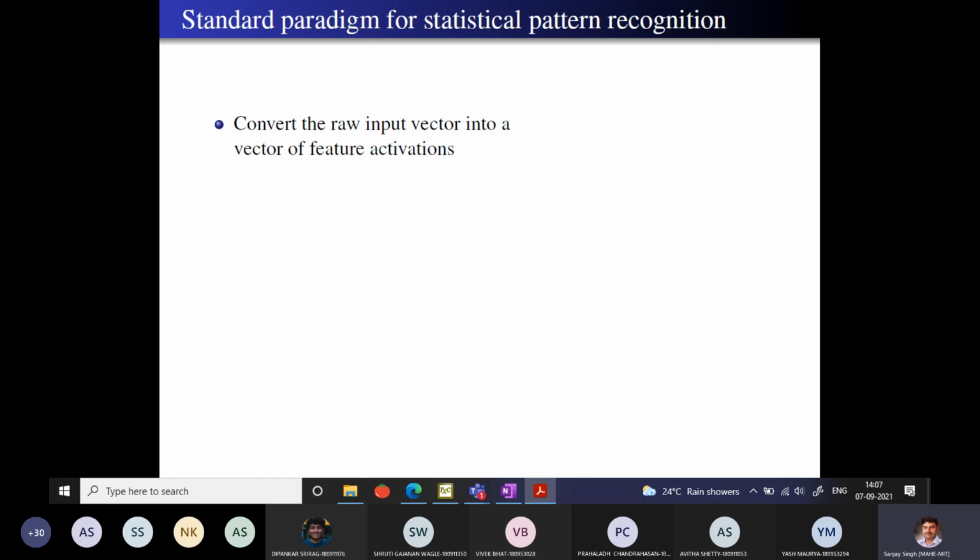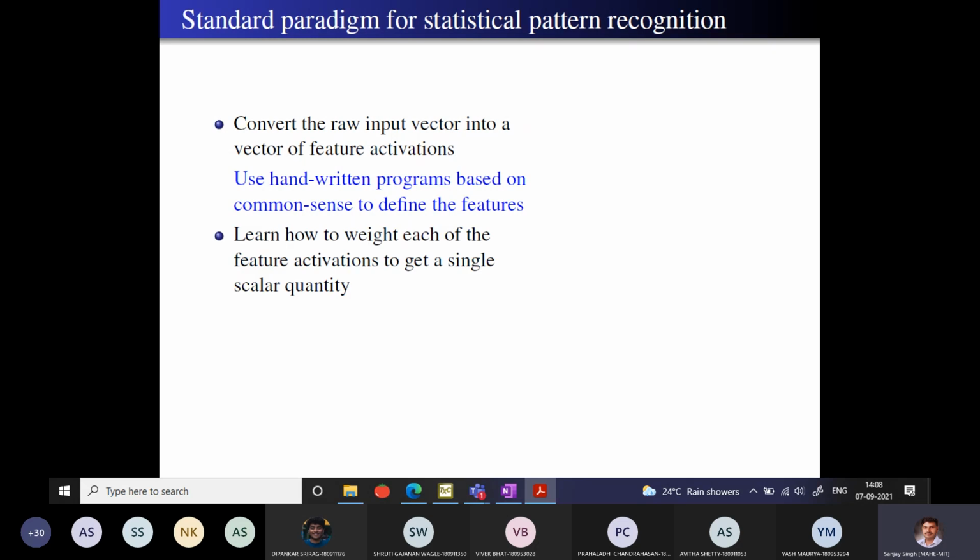When I say features, it may so happen that multiple attributes constitute one particular feature. This may also be the case. And these features can either be produced by a program that is written, or they can be hand engineered. This is how you decide the features.